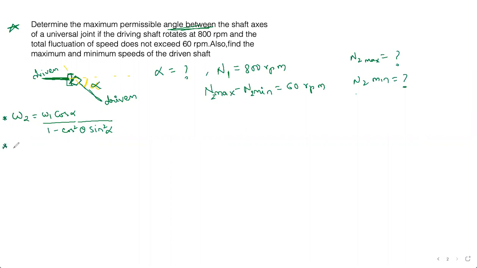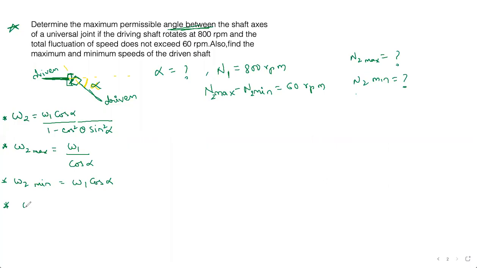The next one is omega 2 maximum is equal to omega 1 divided by cos alpha. Then the next formula, omega 2 minimum is equal to omega 1 multiplied by cos alpha.